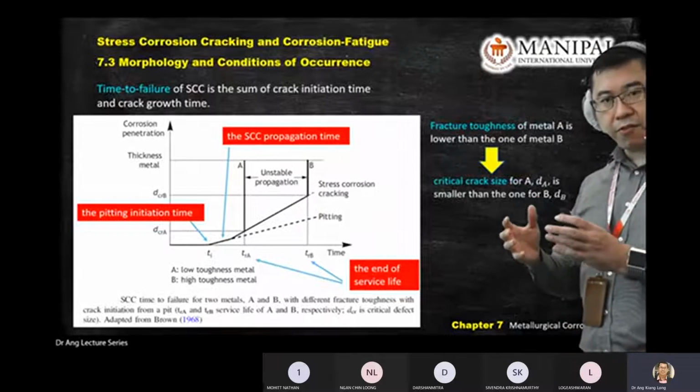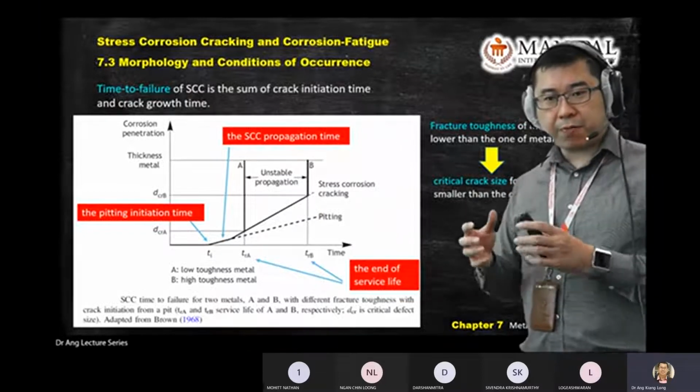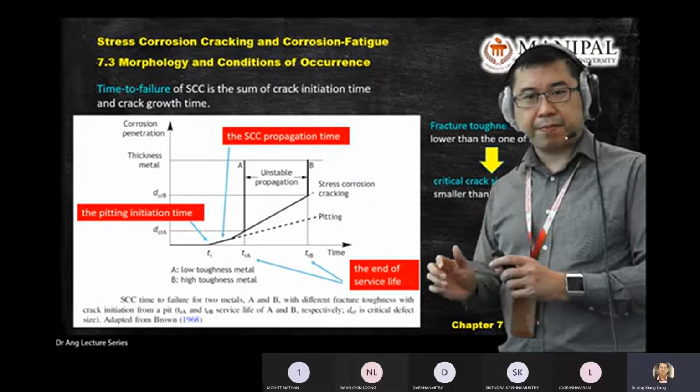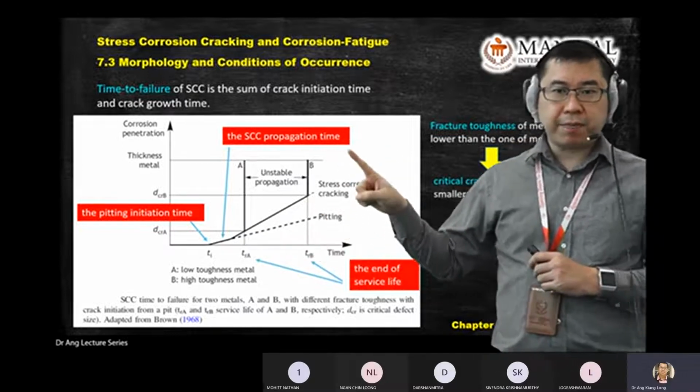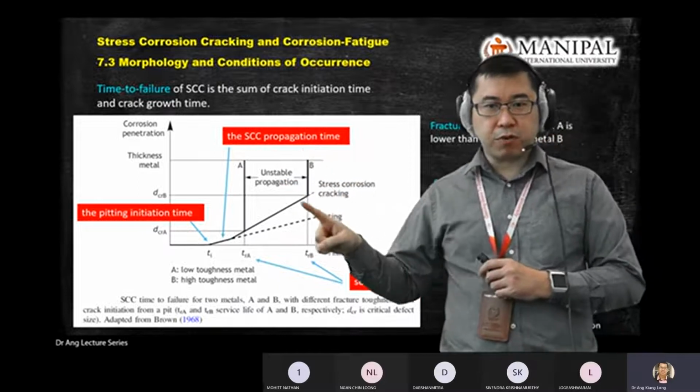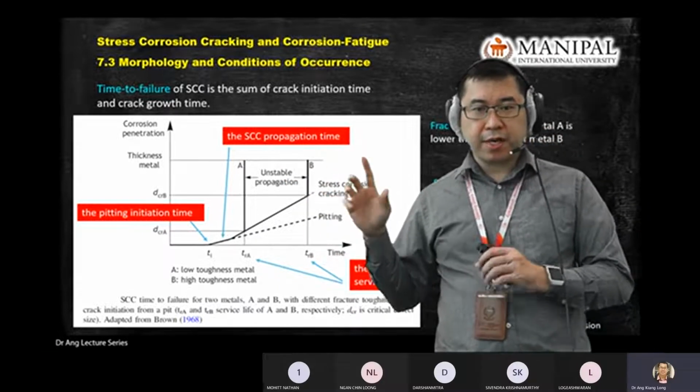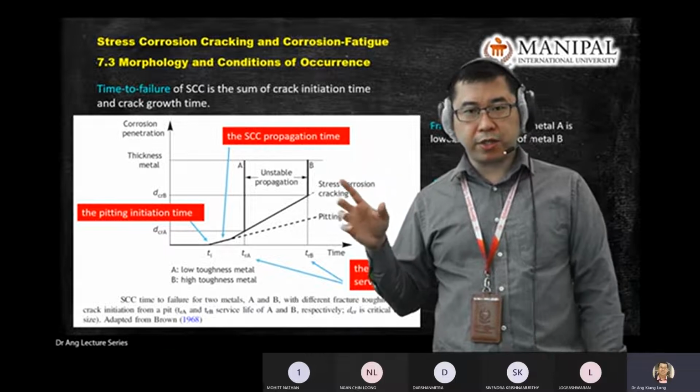So if you're given the same operating environment and two types of material to choose from, normally B will be the most favored material under the same operating condition.